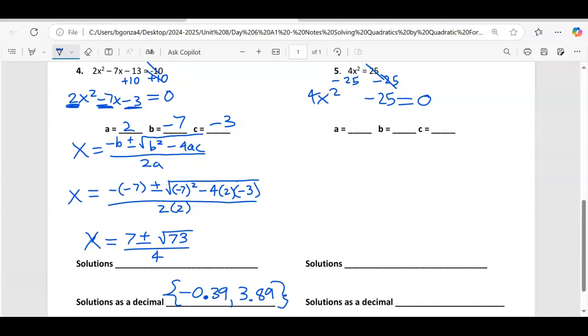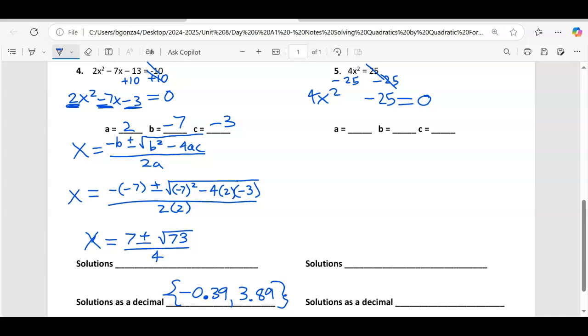But I want you to notice something. Don't we usually have x squared, x, and a constant? X squared is right here, but it has no x term.